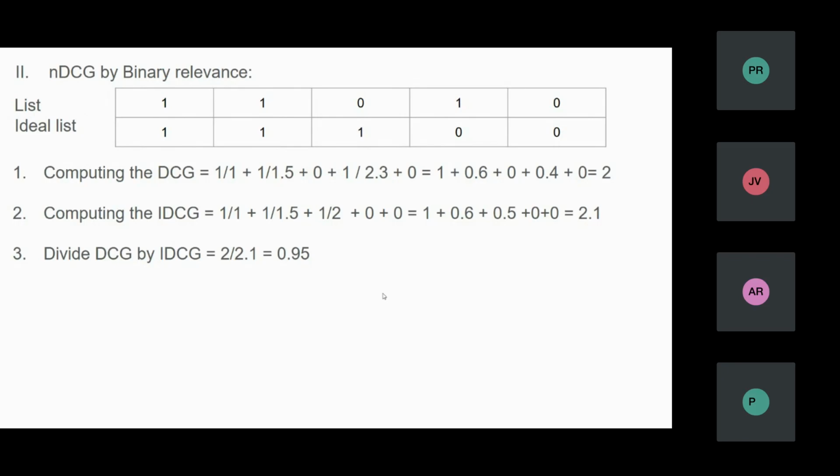Now we're computing the DCG, and by going by the formula of DCG and substituting those values, we get the value of 2, and by computing the IDCG we get the value of 2.1, and we are getting the NDCG of 0.95.